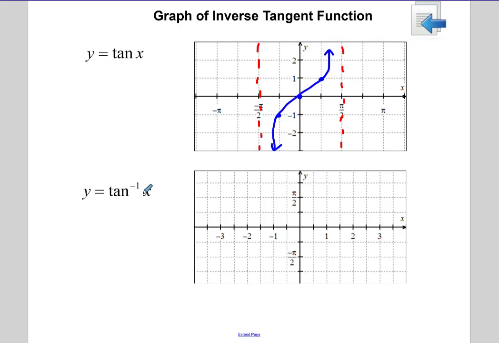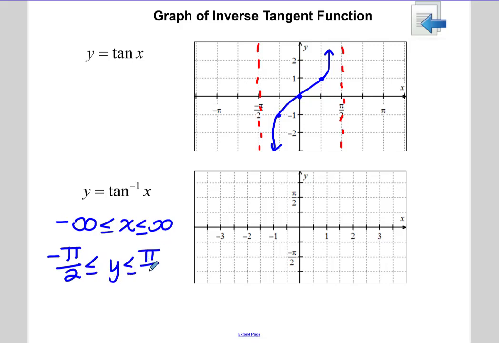And that's going to make our tangent inverse go between negative infinity and positive infinity. And the range would go between negative pi over 2 and positive pi over 2. So instead of having vertical asymptotes here, we've got those vertical asymptotes.